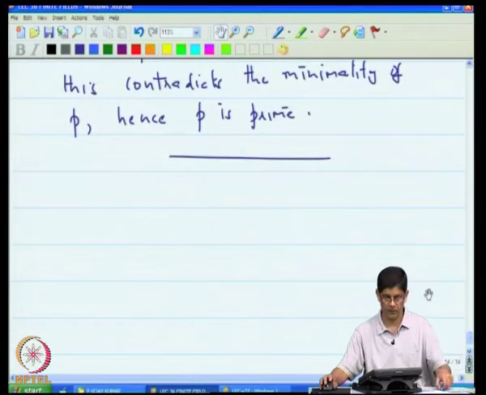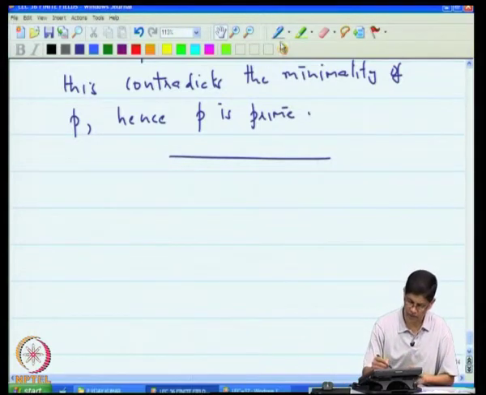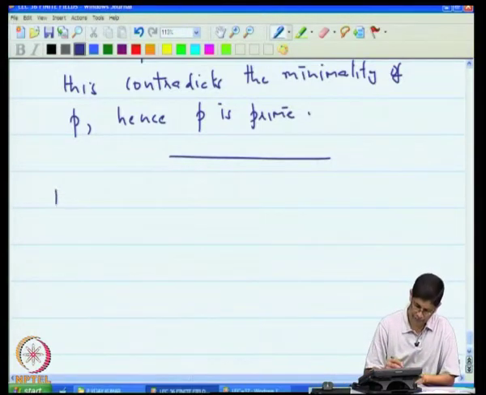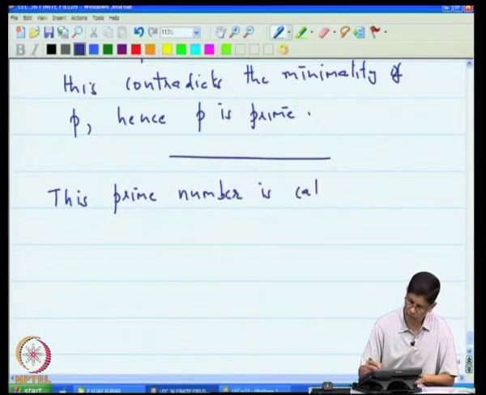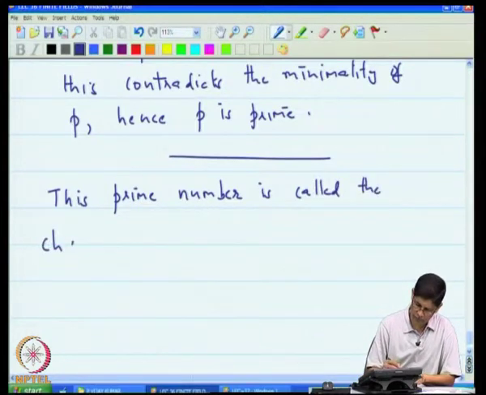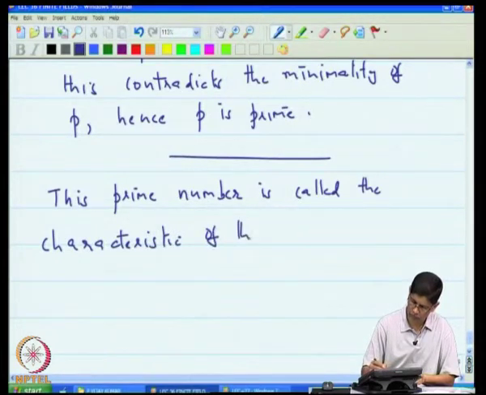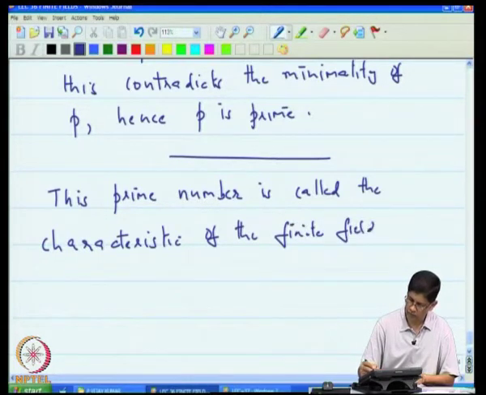So this prime number is called the characteristic of the finite field.